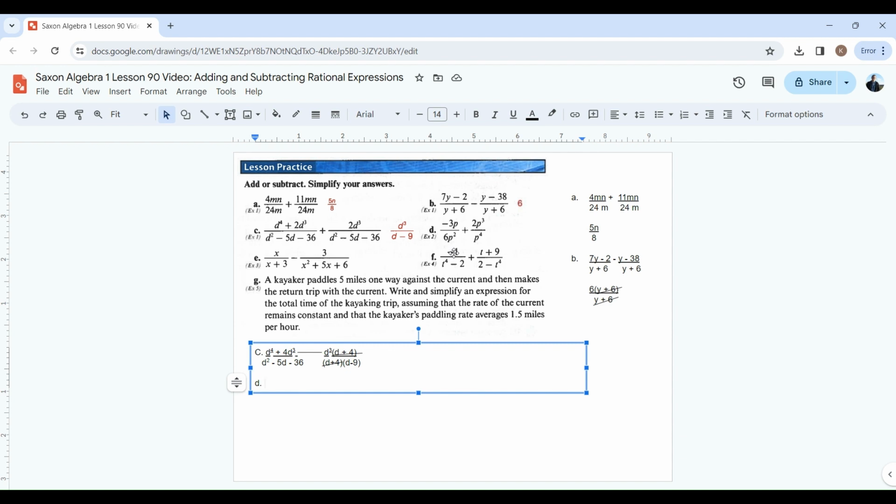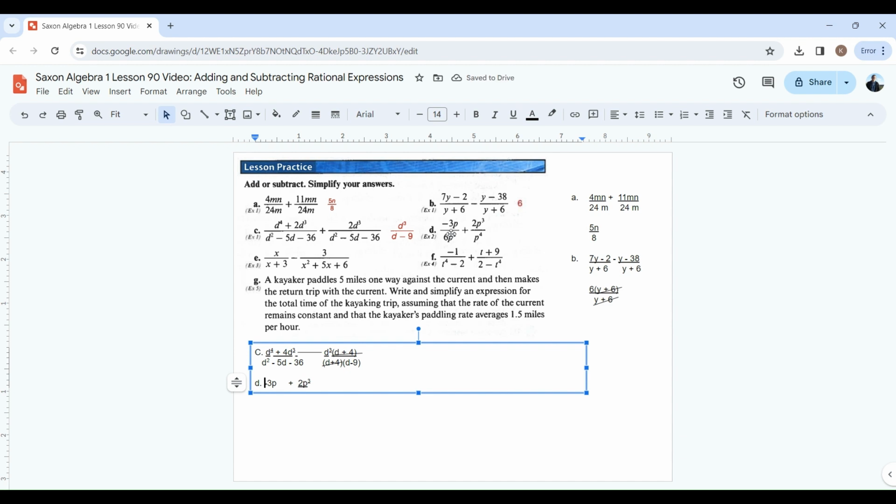So for letter D, I start with negative 3p over 6p squared plus 2p cubed over p to the fourth. Just noticing I do not have common denominators to start out here. All right, let me just add my fraction bars, and we'll go ahead and add what's under the fractions here.